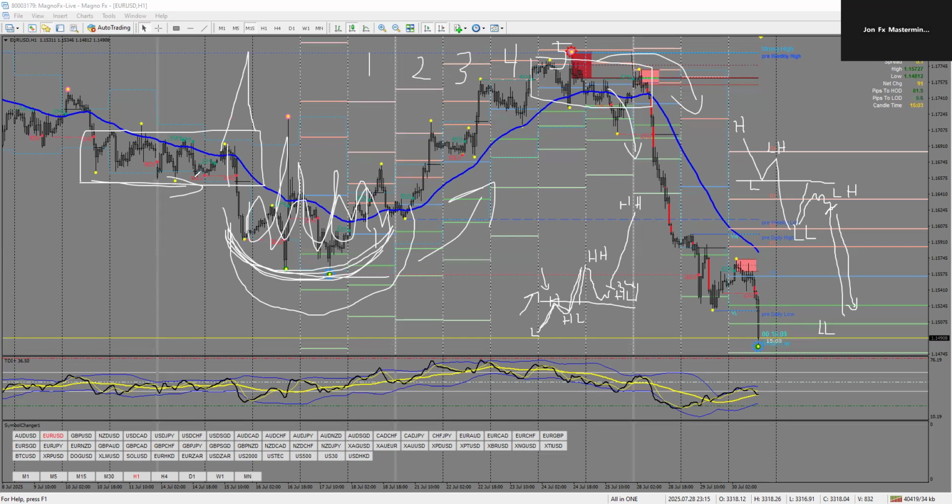That was the low right here. This was the high, for example. And then we don't want price to come back towards this low right here. We want price to just find support above the structure. We call that a higher low.